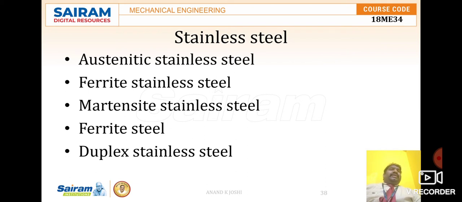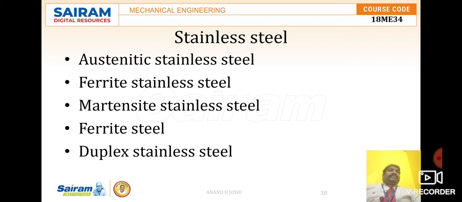You may have observed that on any razor or blade they mention it is stainless steel, meaning the chromium helps to resist corrosion. This steel gets its name because it does not corrode or stain easily compared to other types of steels. Hence we call it stainless steel.